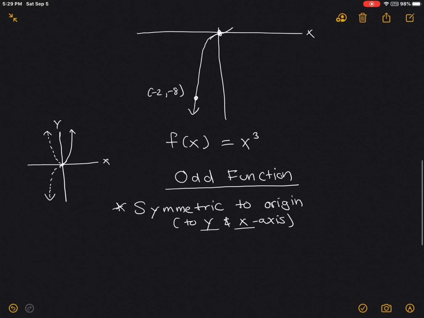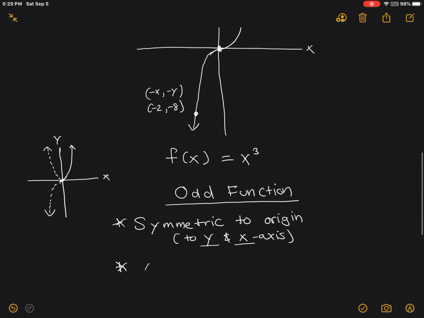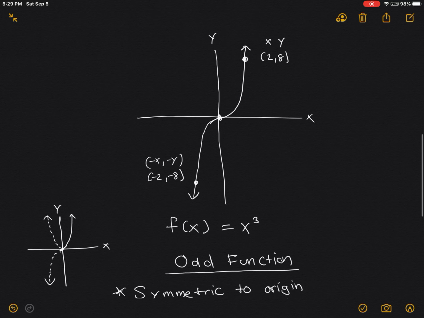So first things first, all odd functions are symmetric to the origin, which means it's symmetric to the y and x-axis. What about the coordinates I wrote over here? Well, x comma y becomes negative x comma negative y. And then what about function notation?